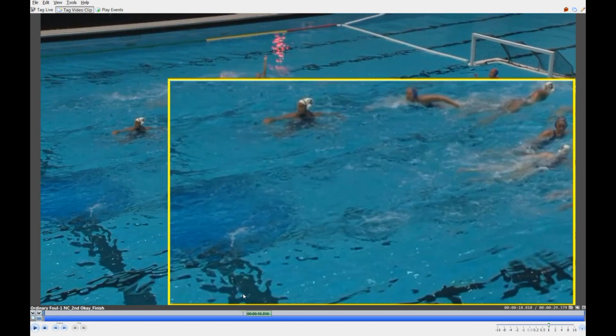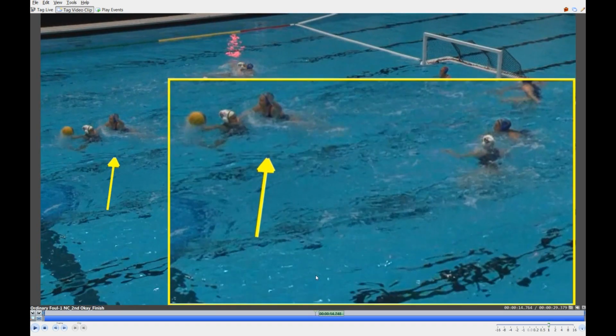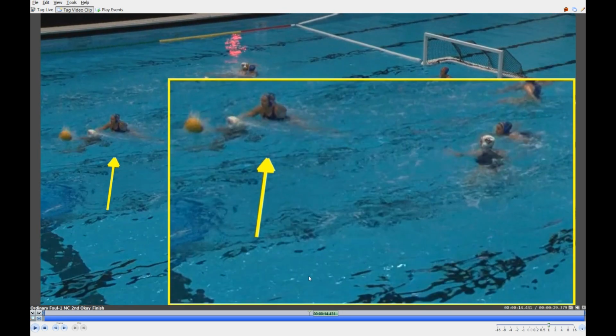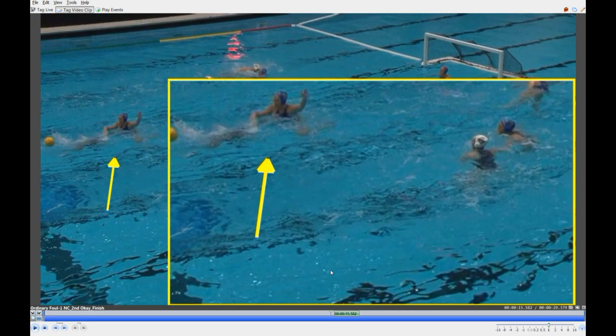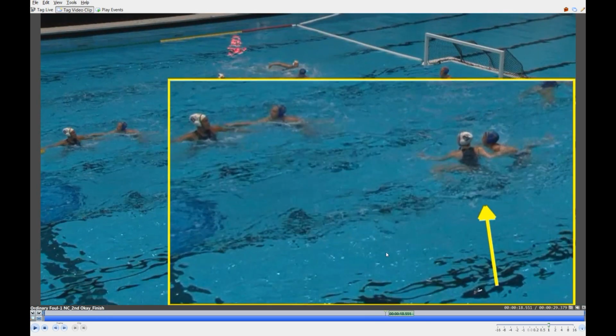In the one situation, you have the defense trying not to foul, and she responds to the offensive player releasing the ball, so it's a no call.